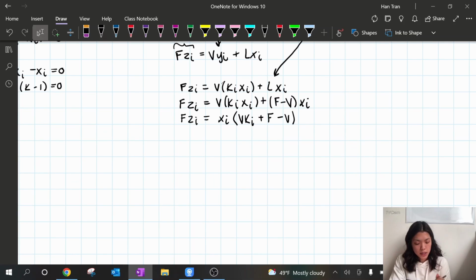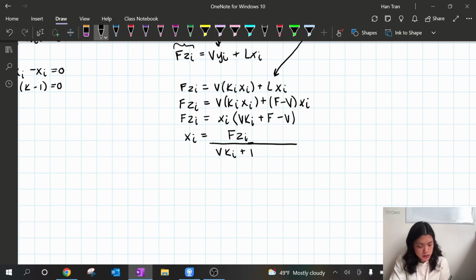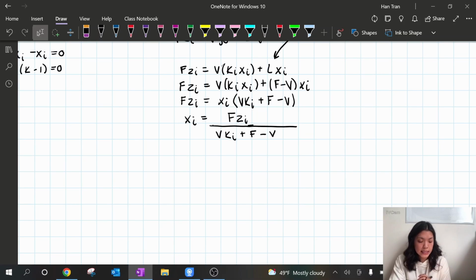And now we can isolate the liquid mole fraction, and that's going to give us the feed times the feed mole fraction component I all over the vapor times the ratio plus the feed minus the vapor. And now we can begin cleaning things up.